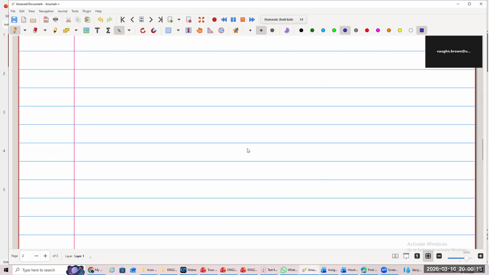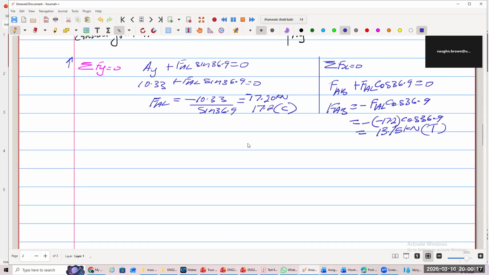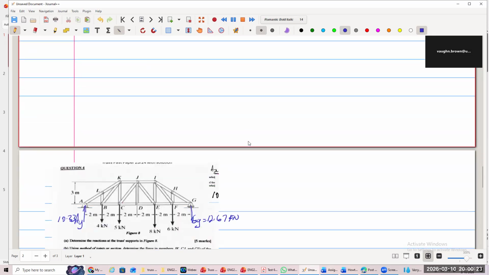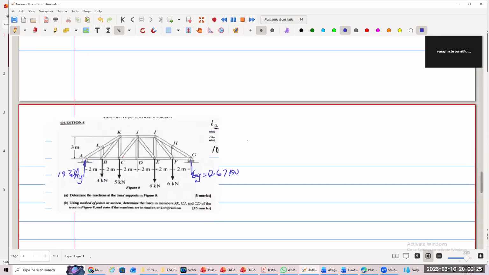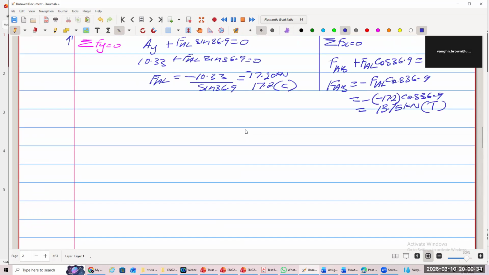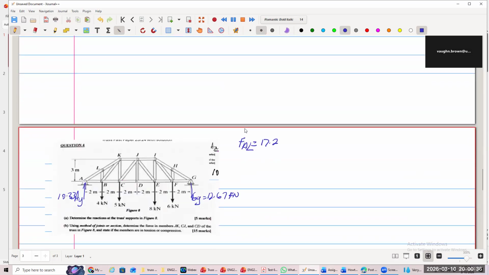What else did we find up here now? We found FAL. So FAL, all right, what was its value? 17.2. Was it positive or minus? It was minus, meaning that it's a compressive force, right?